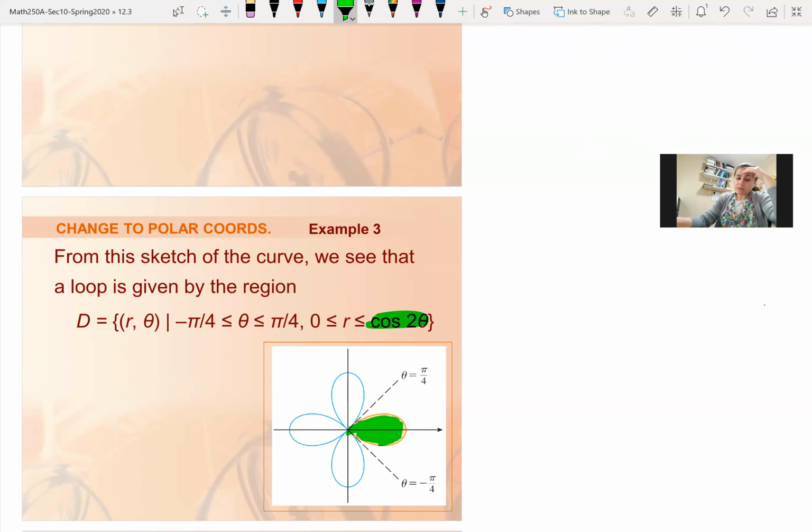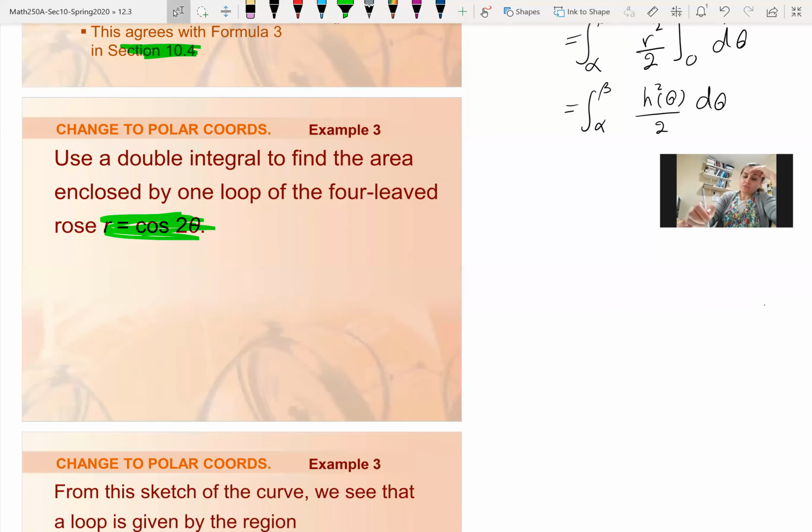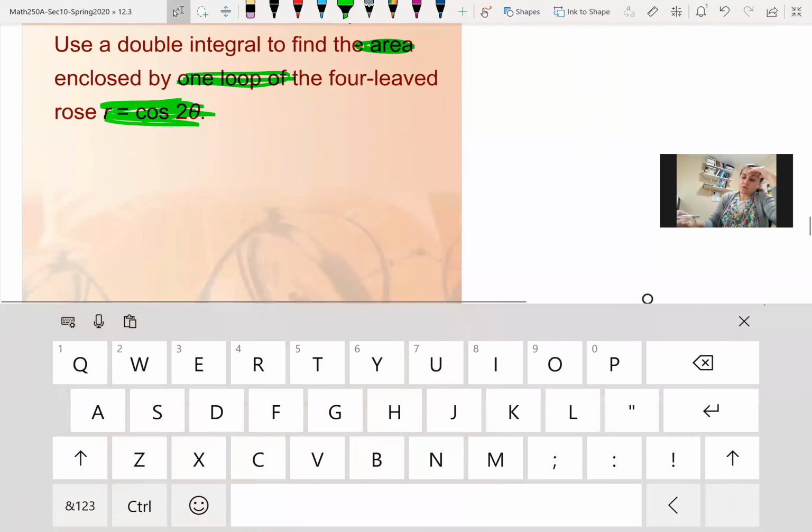What is in this course is just to get the area, to set the limits of integration in double integration. That's what you need to know, but not the graphing. So the question asks us to find the area of one loop of the four-leaved rose.